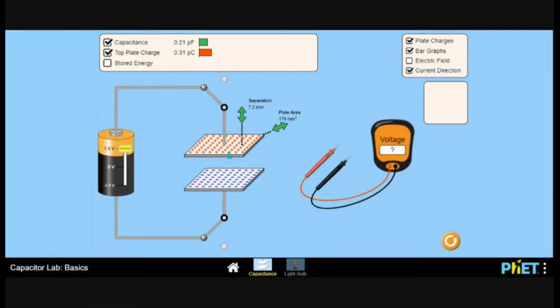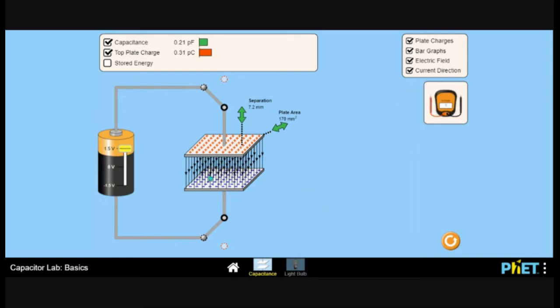Now, I have mentioned that there is a space between these two plates, so there is an electric field present. Yes, there is an electric field present in our system, and this electric field is always present because there are two conducting plates of opposite charge.